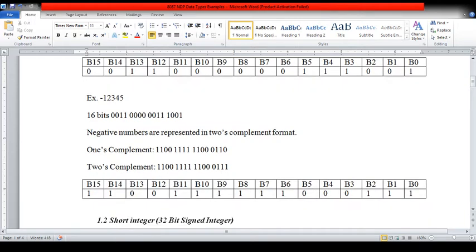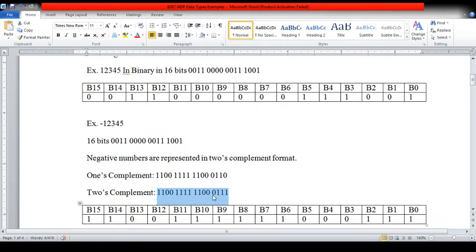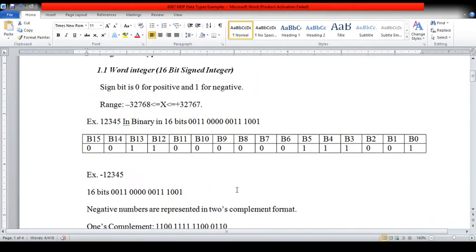So the 1's complement will be this, reversing each of the bits, and the 2's complement we calculate by simply adding 1 to the LSB. So this complete 16-bit number will be represented in this format. This is the 16-bit representation of minus 12345. So this is regarding the first subtype, word integer.